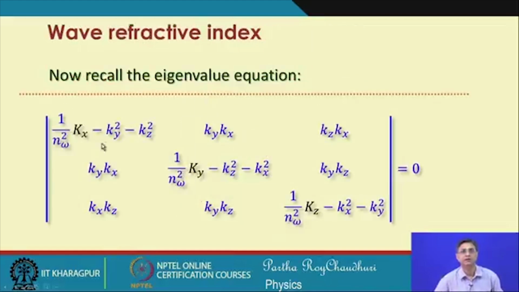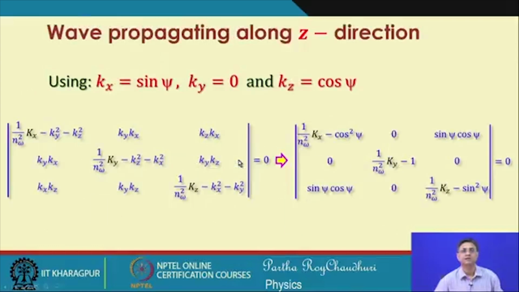So, if I do that, this k x, k y and k z we plug in to this equation, then it will take these values, that 1 by n omega square k x, capital K x minus cosine square psi 0 sin psi cosine psi, and similarly this.